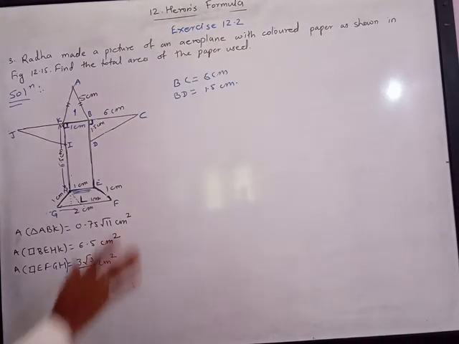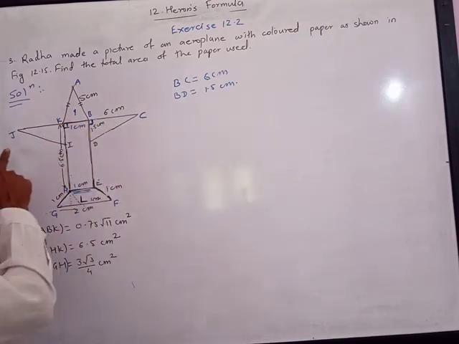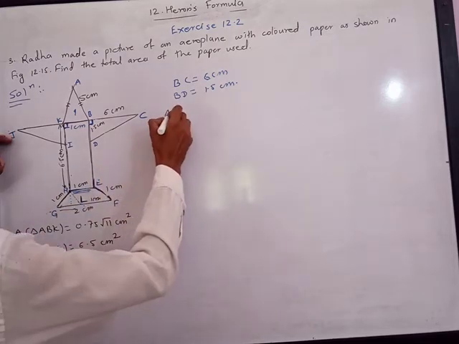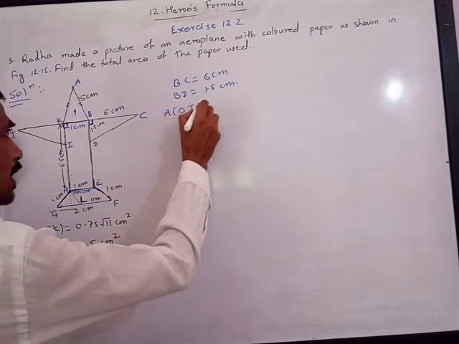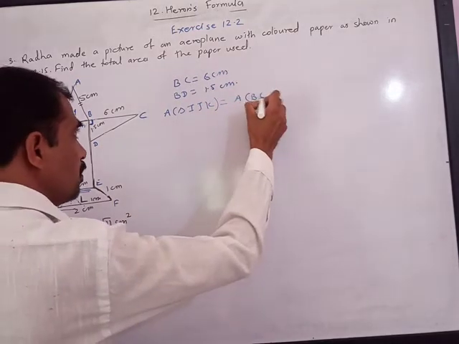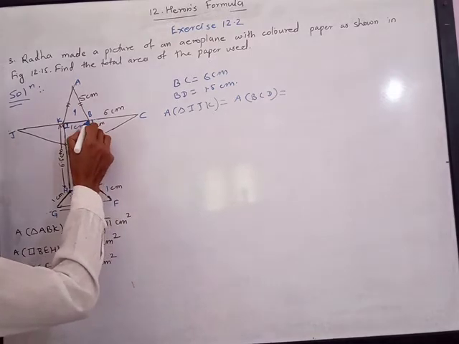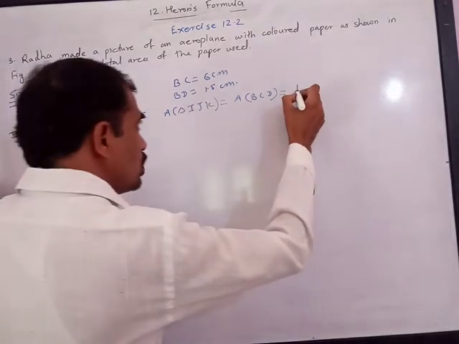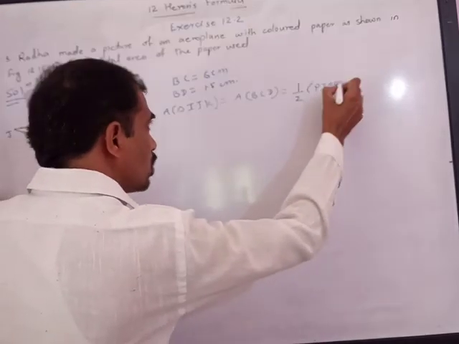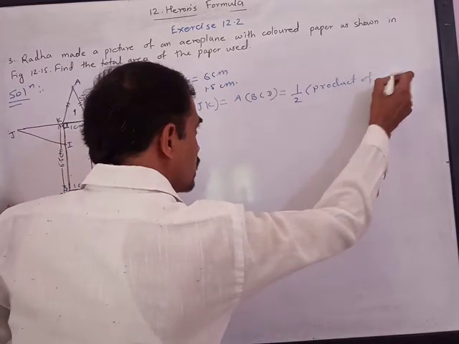Now we have already considered this as a plane, which means these two triangles are symmetric triangles. So the area of triangle IJK is equal to the area of triangle BCD. Please note, we have considered this angle as a right angle. It means we can use the formula half into the product of perpendicular sides.